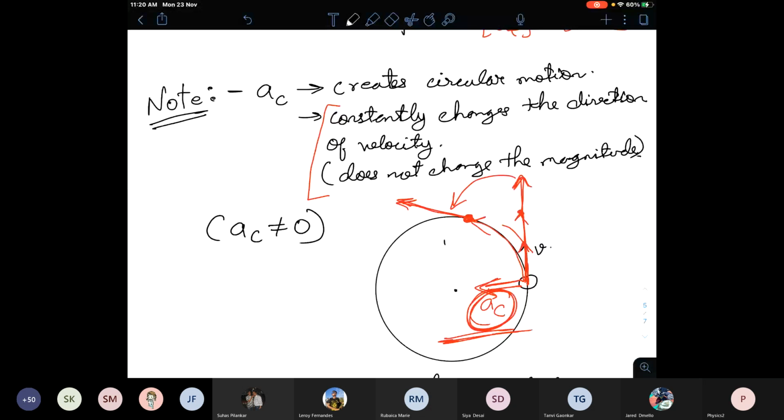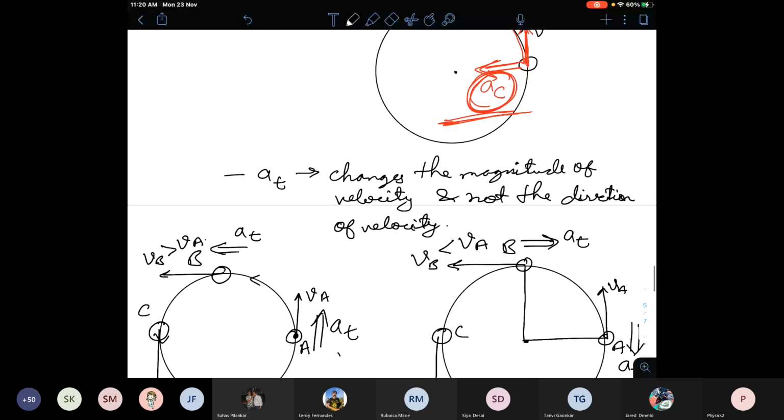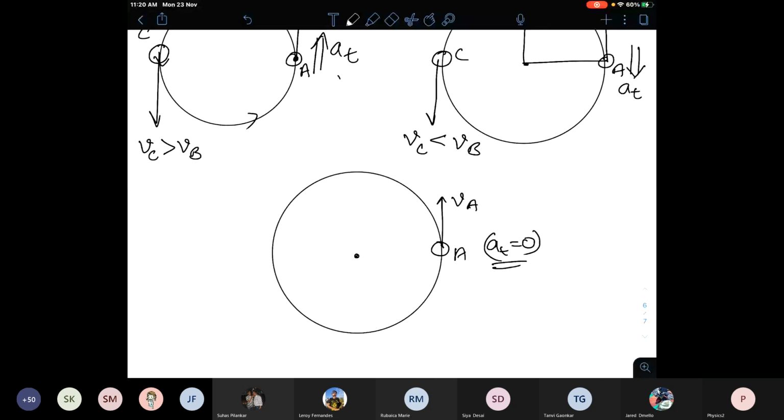If it is a circular motion, A centripetal cannot be zero because constant direction changing is occurring. ठीक है, constantly the direction of the velocity is changing, so you have to have some centripetal acceleration. But tangential acceleration is not worried about direction, it is worried about magnitude.